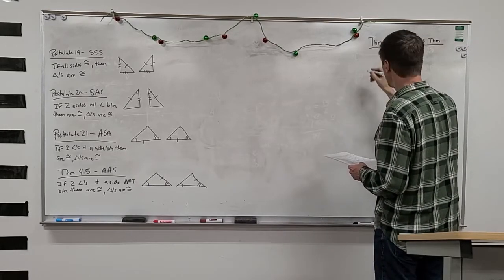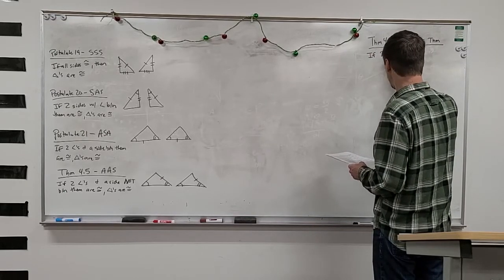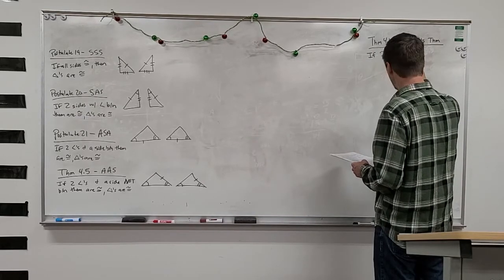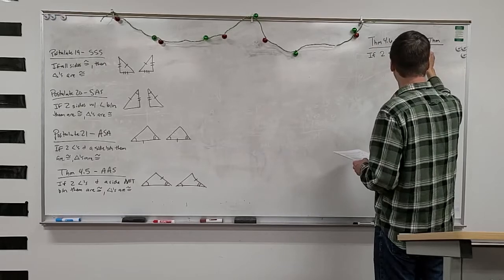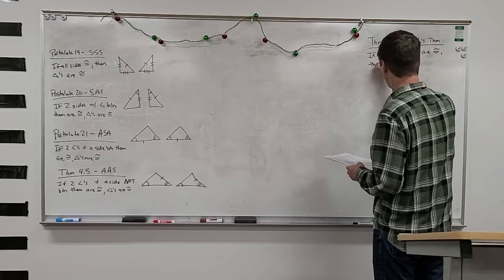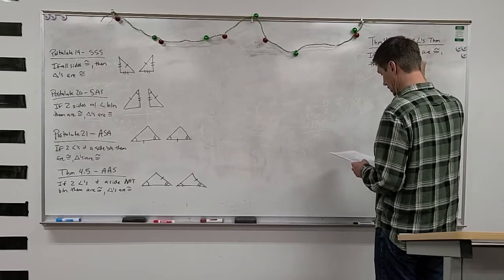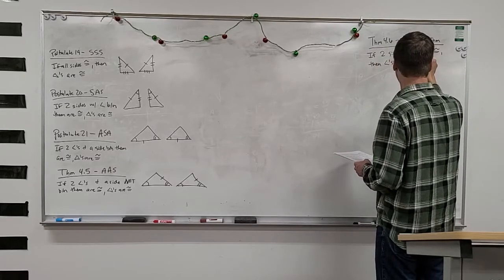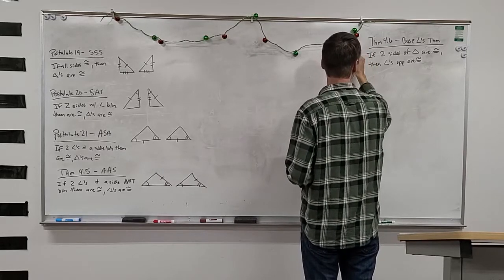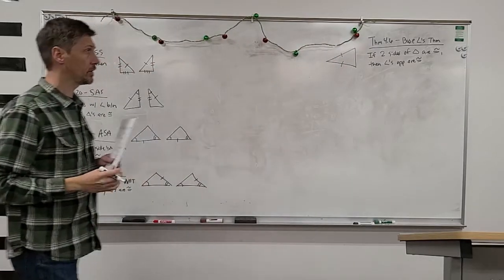And that says if two sides of a triangle are congruent, then the angles opposite are congruent. And so that means you have a triangle like this, and you know that these two sides are congruent. I'll let you finish writing that down.